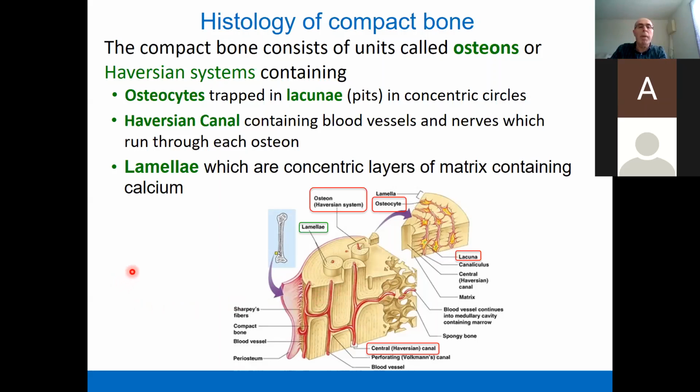Lamellae are concentric layers of matrix containing calcium, mostly calcium phosphate, a hard tissue like a stone.